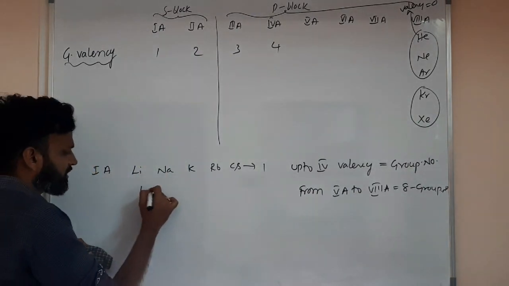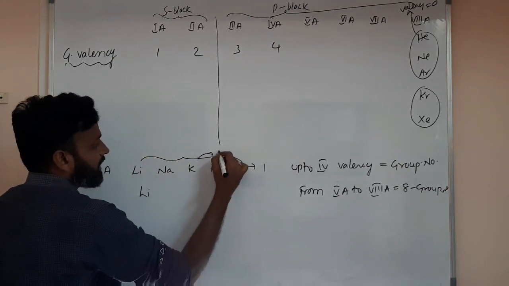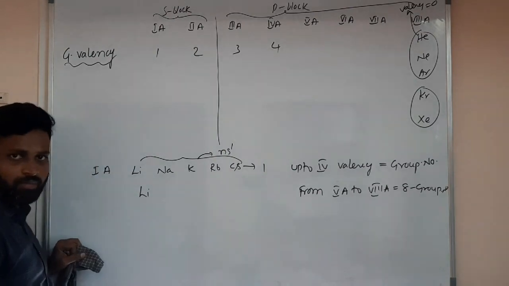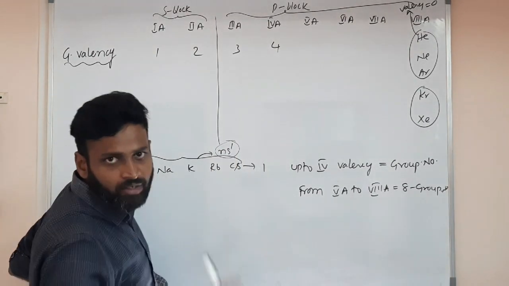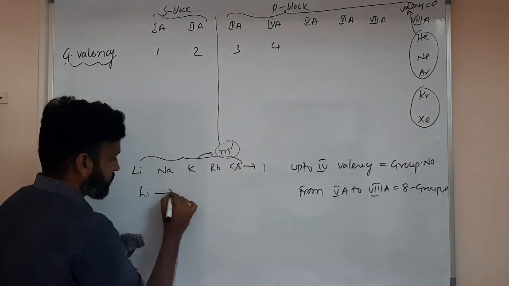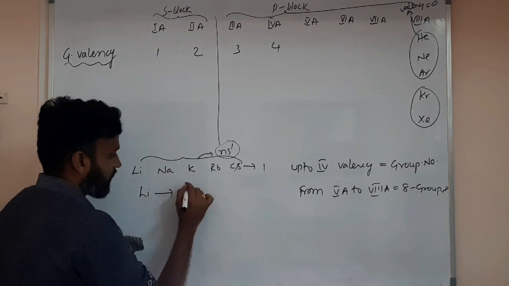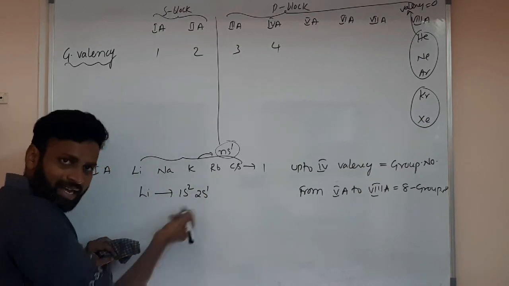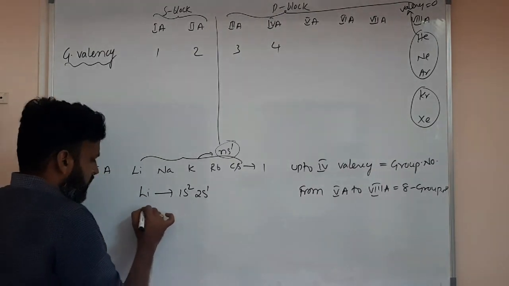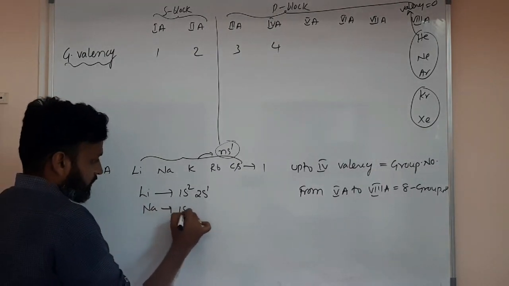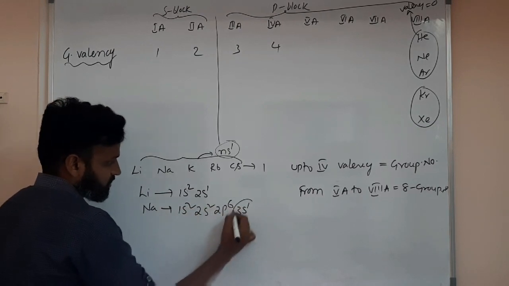Why, sir? Because the general electronic configuration of these group elements is ns1, meaning in the valence shell they have only one electron. Lithium is 1s2, 2s1, like hydrogen. Hydrogen always has one valency, I told you. Sodium is 1s2, 2s2, 2p6, 3s1.